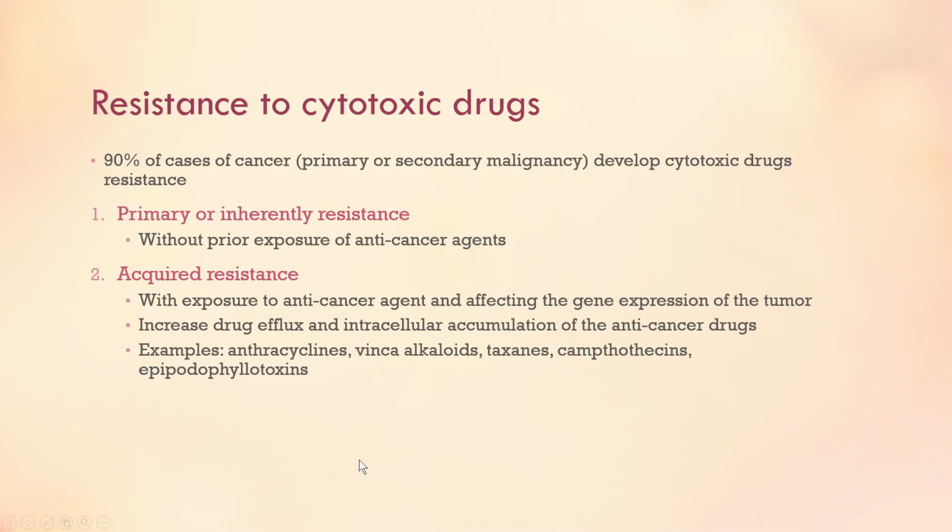Okay, patients on anti-cancer drugs can develop resistance to the drugs. So either primary, inherently resistant without any prior exposure to anti-cancer agents, or acquired resistance with the exposure to the anti-cancer agent and affecting the gene expression of the tumor.